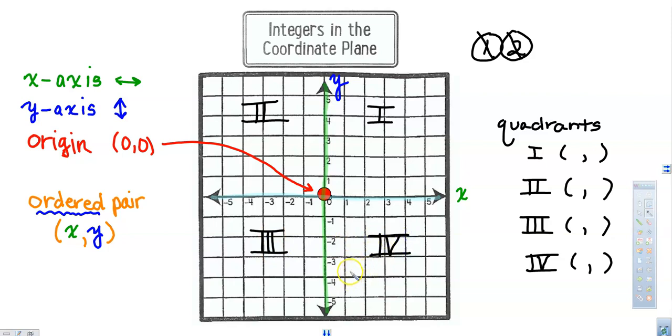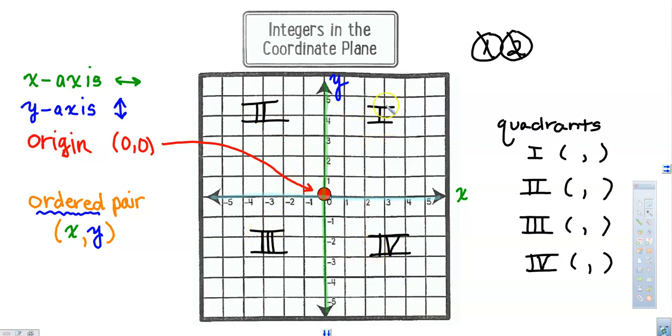A common mistake made by students is that you are trained to read left to right. So a lot of students feel this should be the first quadrant, second quadrant, third quadrant, fourth quadrant, going left to right. That's not the case.